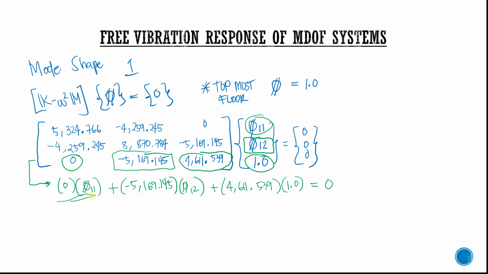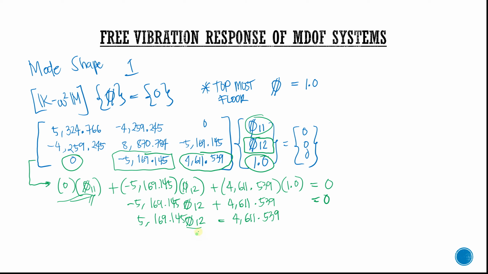So 0 times P11, or the mode shape 1 for the first floor, is equal to 0. We are left with negative 5,169.145 P12 plus 4,611.539 is equal to 0. Or 5,169.145 P12 is equal to 4,611.539.